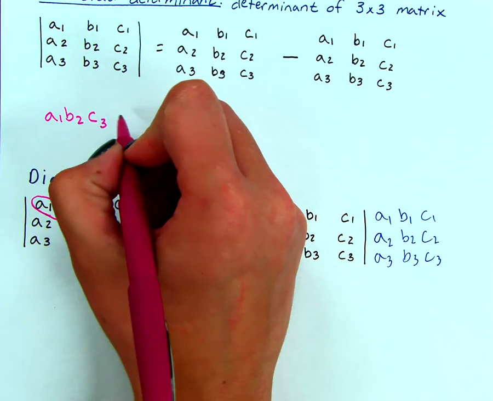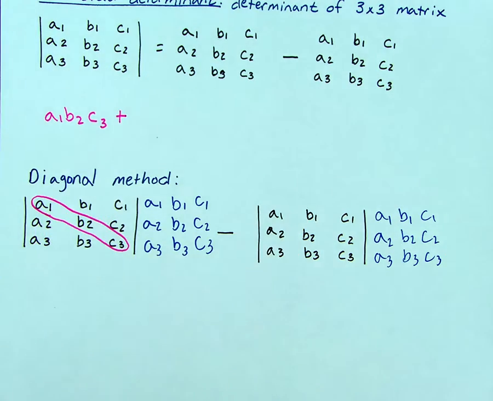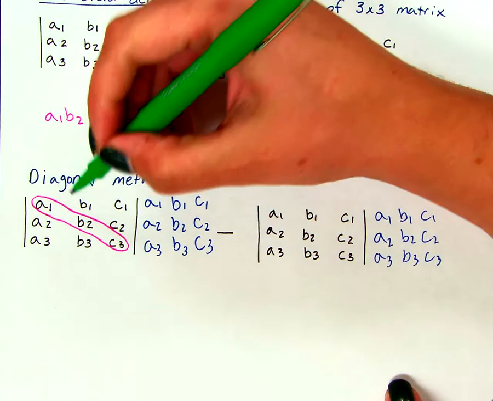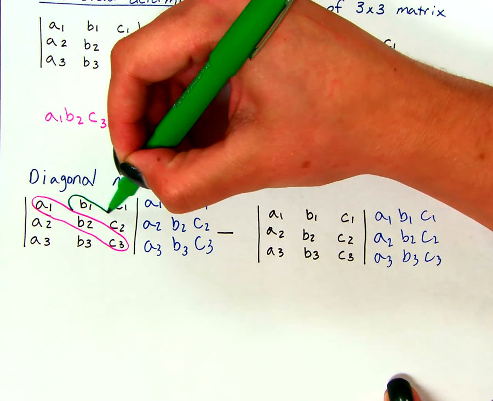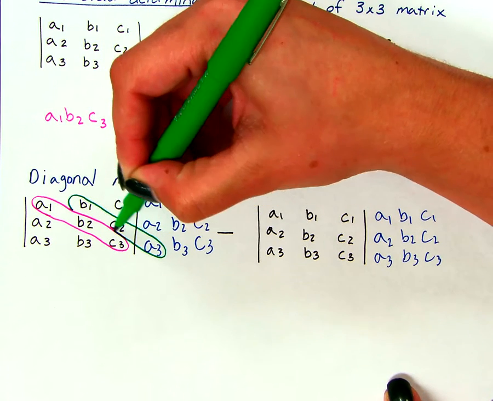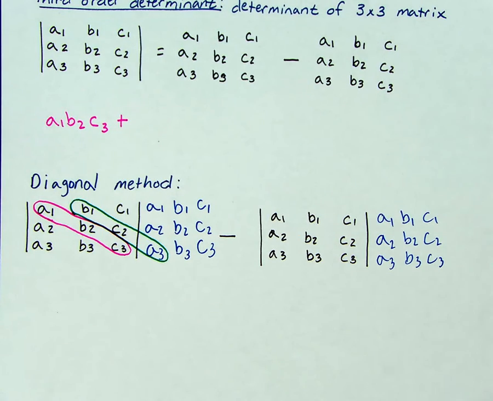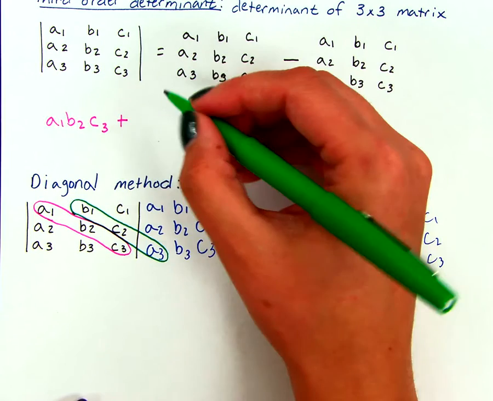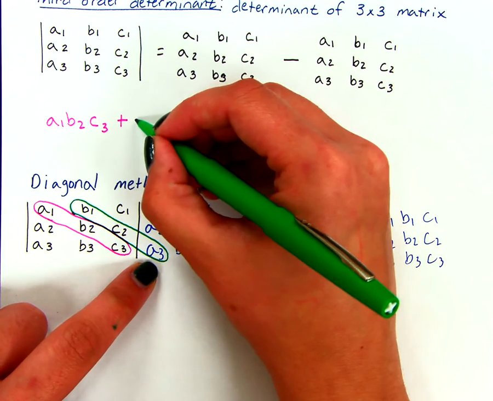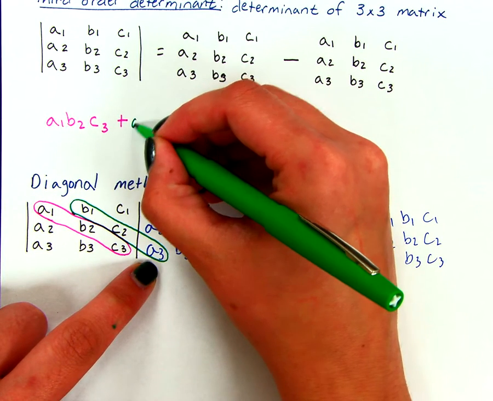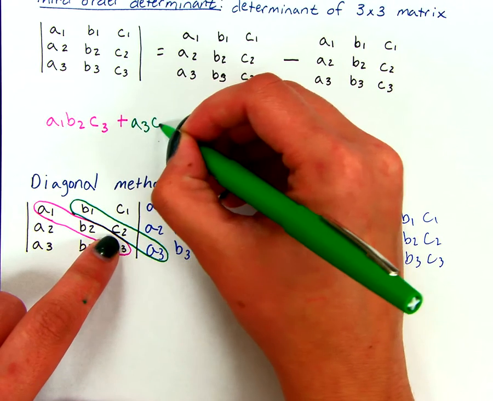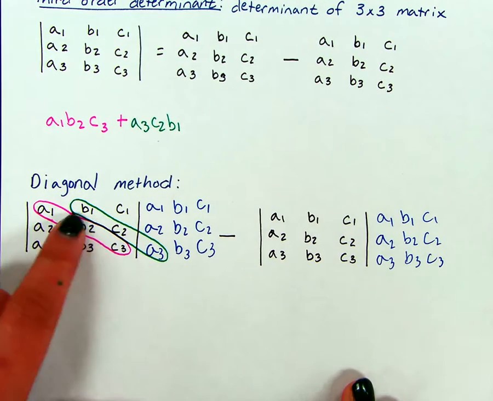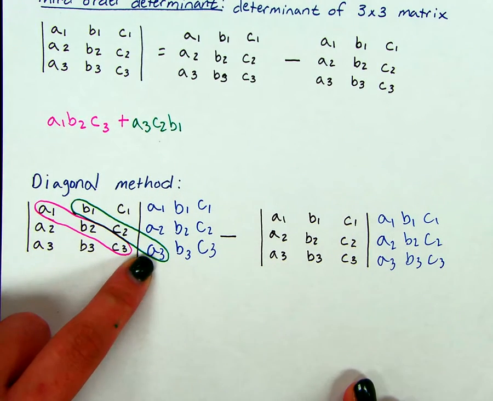And then we're going to add that to the next diagonal. So now we're going to take B1 times C2 times A3. So again, that is our diagonal. So I'm going to write it with A first: A3 times C2 times B1. And the order that you multiply these in really does not matter.